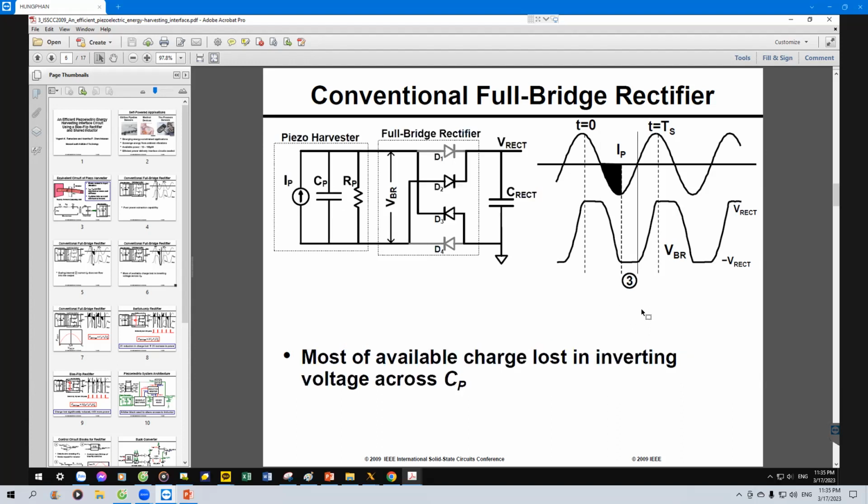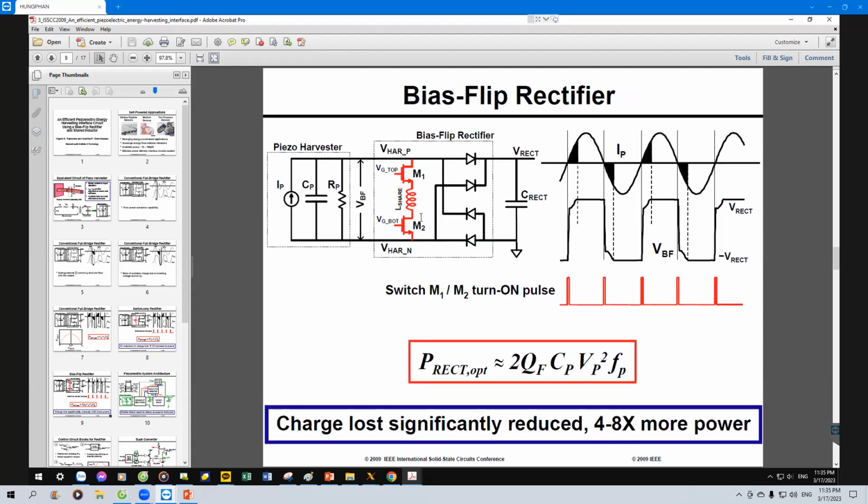However, when there is an inductor, the voltage will flip quickly because the voltage flows by the resonance from the capacitor and inductor.